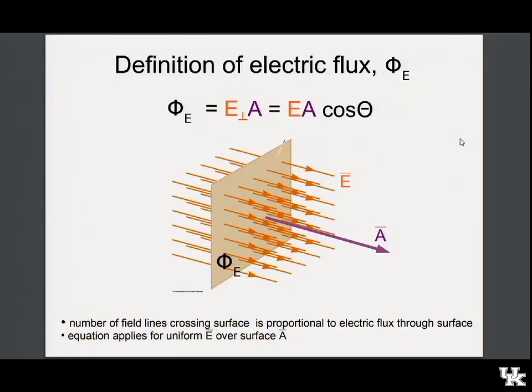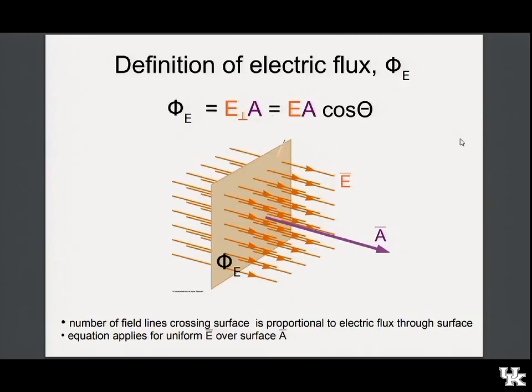That flux phi through the surface is equal to the product of the perpendicular piece of the electrical field, that's what this little perpendicular sign means, times the area. So if you were to determine the perpendicular-to-the-surface component of the electrical field and multiply it by the area of the surface, that gives you the flux.